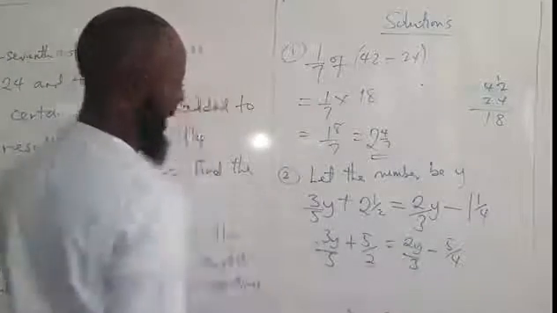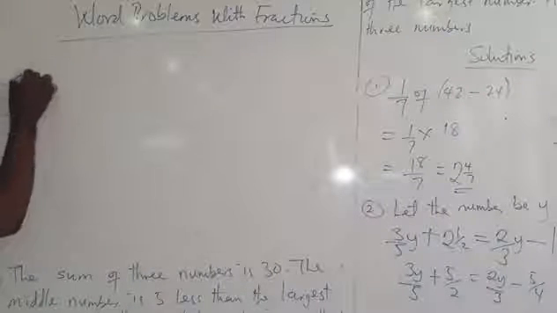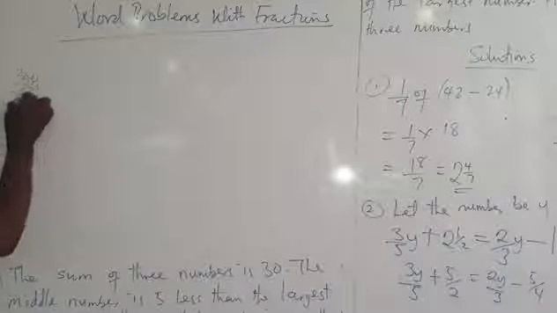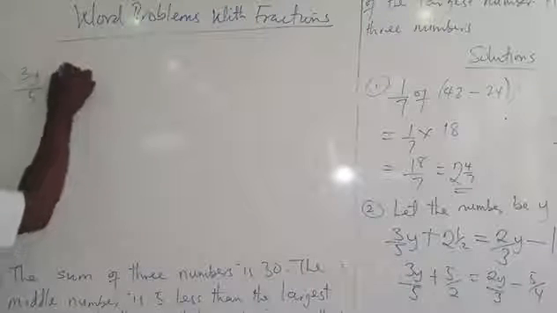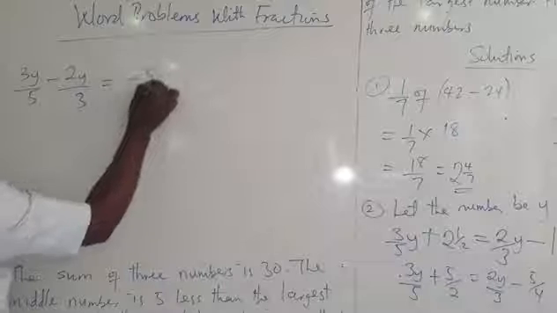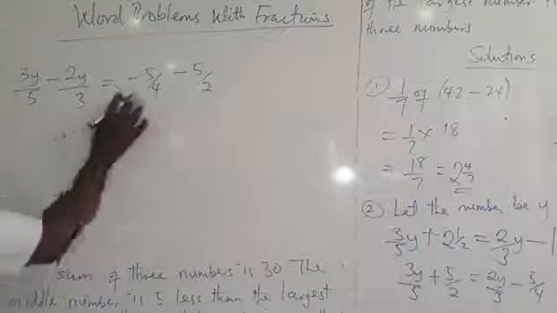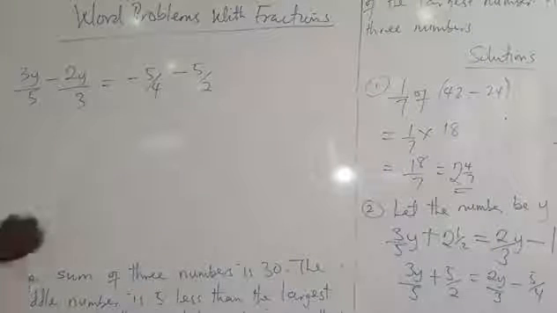So you can see we can collect like terms. So that means we're going to have 3y over 5 minus 2y over 3 equals minus 5 over 4 minus 5 over 2. So we find the LCM, then we solve. So let's solve.